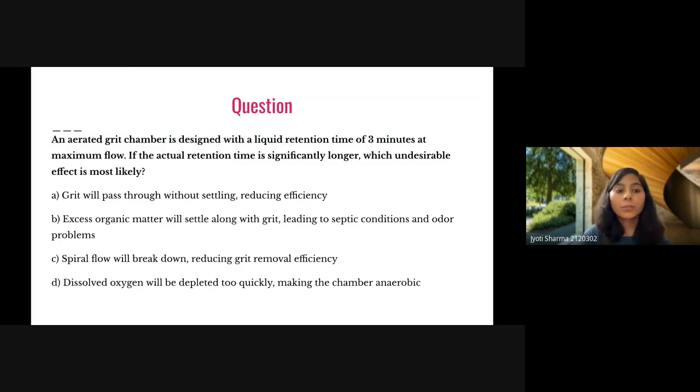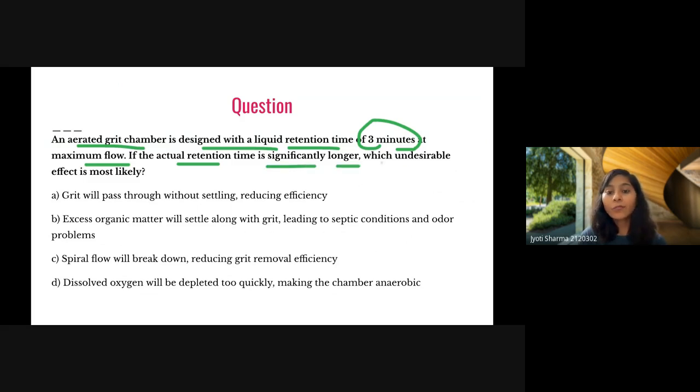Okay, an aerated grit chamber is designed with a liquid retention time of 3 minutes at maximum flow. If the actual retention time is significantly longer, which undesirable effect is most likely? The retention time is just 3 minutes, but what will happen if we increase it?